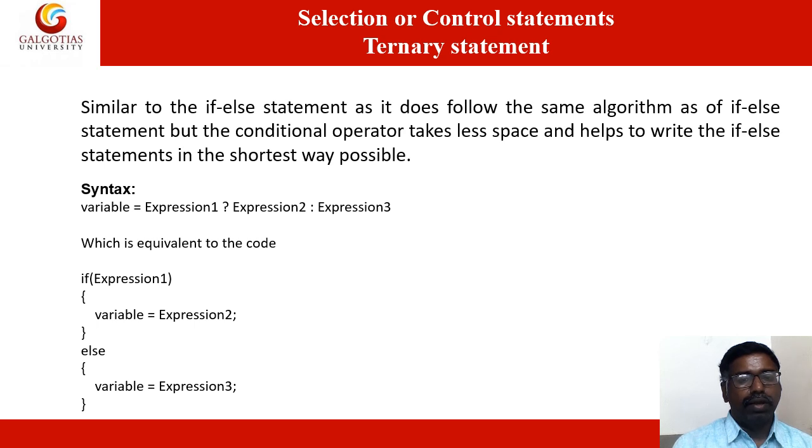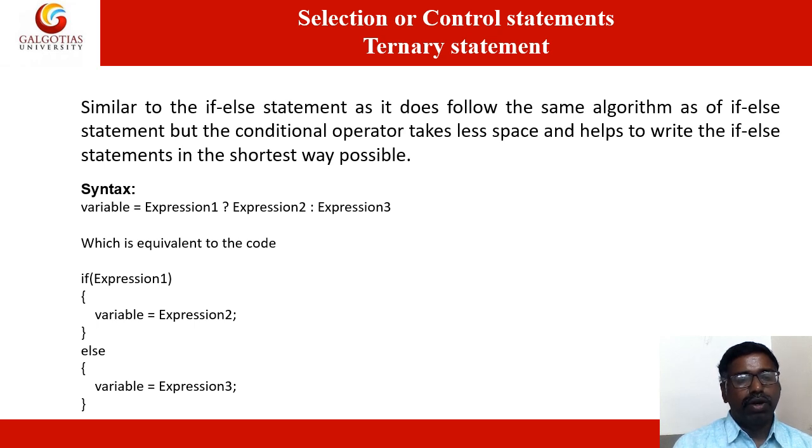And we are going to the ternary statement. Similar to the if else statement, the same algorithm is followed for the ternary operator. The ternary operator is the shortest method of implementing the if else statement. The syntax is: variable = expression 1 ? expression 2 : expression 3, which is equivalent to the following code.